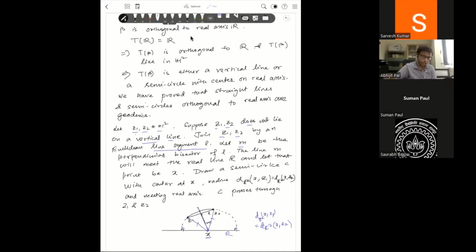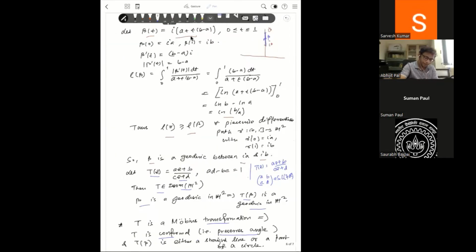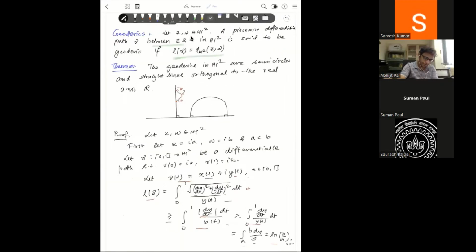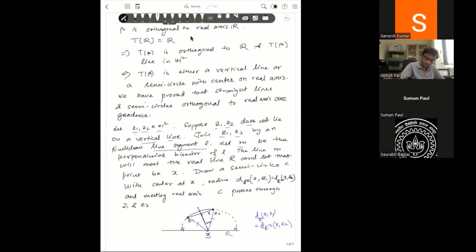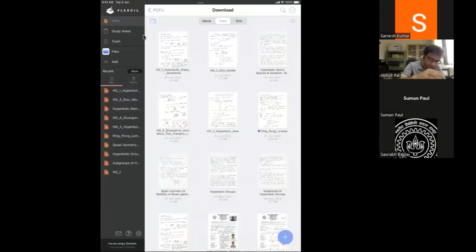This comes from this computation. So H2 with the hyperbolic metric is a unique geodesic metric space. Okay, any question? Then let us move to the next part.